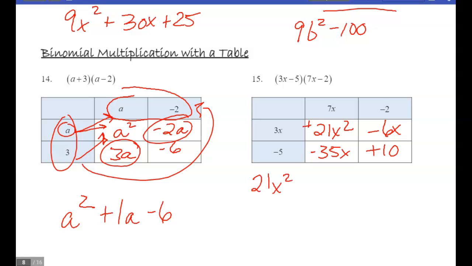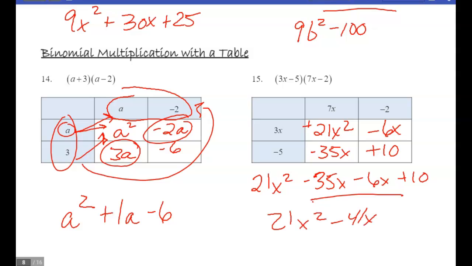So I have 21x squared minus 35x minus 6x plus 10. Combine my middle. And you're done. 21x squared. That negative 35 and negative 6 combine to get a negative 41. And then you add that 10 you have at the end.